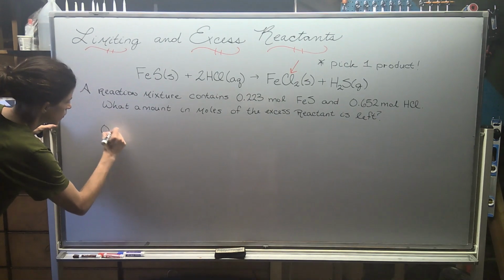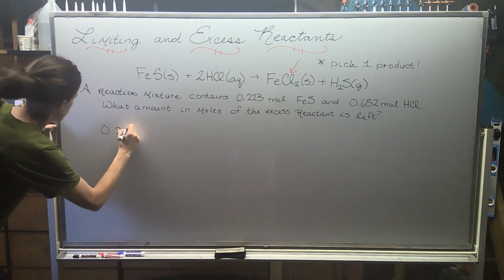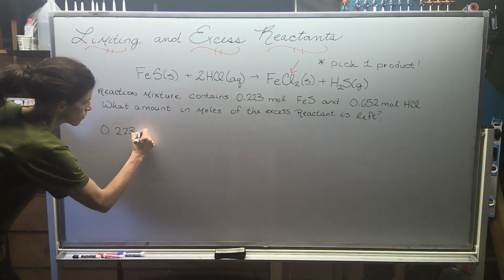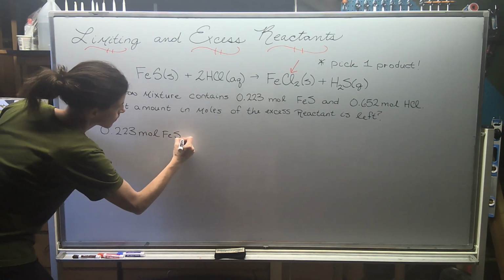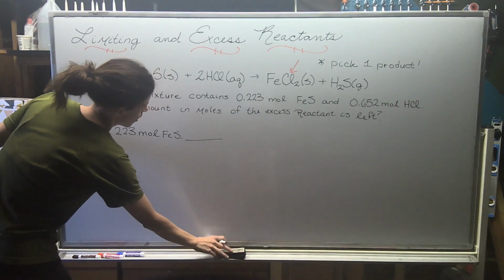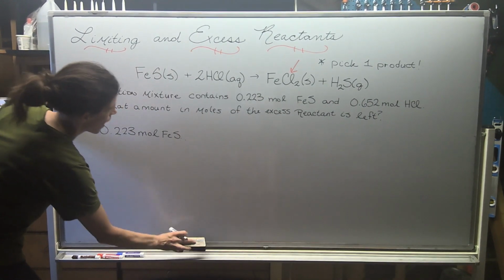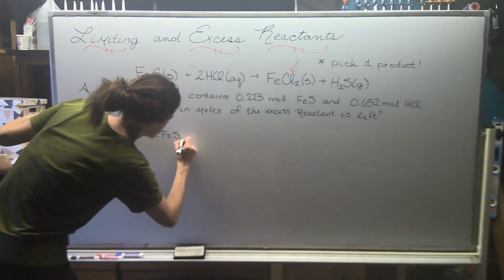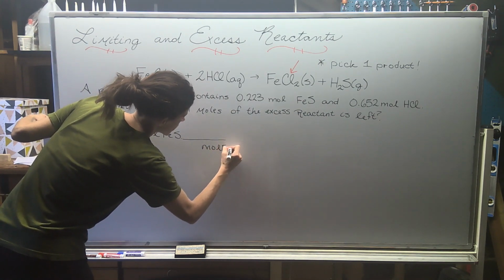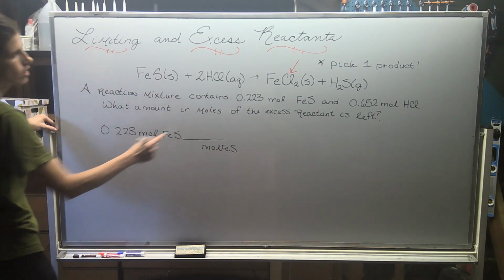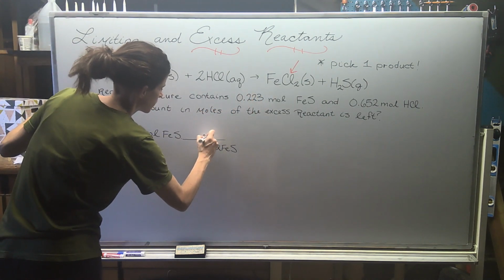I'll start with 0.223 moles of iron sulfide. I want to get rid of the iron sulfide, so I put that in the denominator. And I'm going to change it into moles of iron chloride.